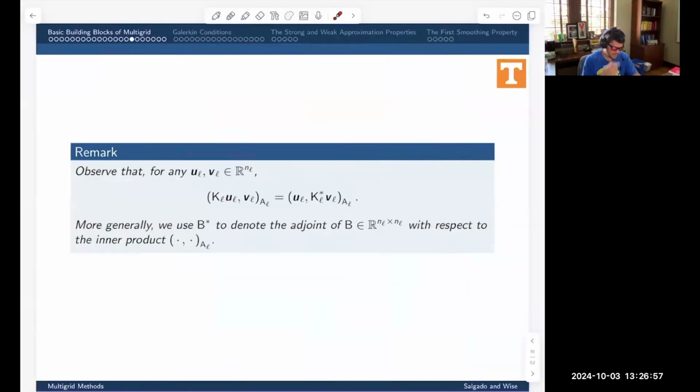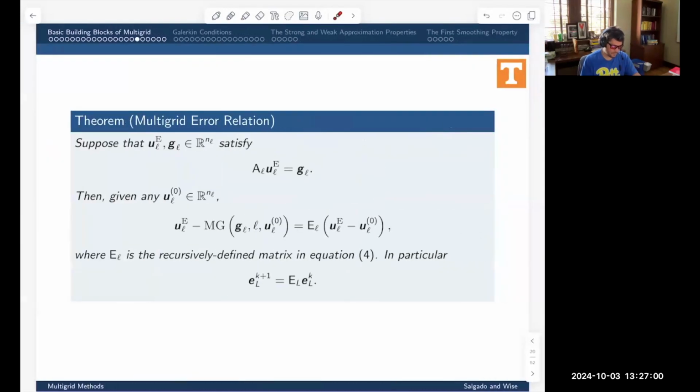Now, let me first of all say what I mean by the error transfer matrix for multigrid. So suppose I want to solve on some generic level little l, A_l u_l equals g_l. Then how would I express the error generated by, instead of solving this, doing one application of the multigrid level on level l?